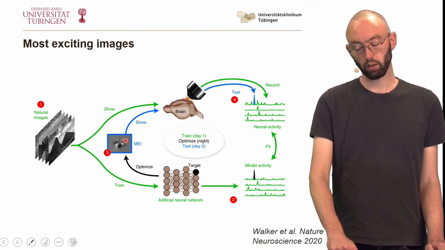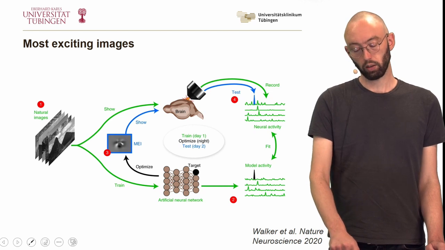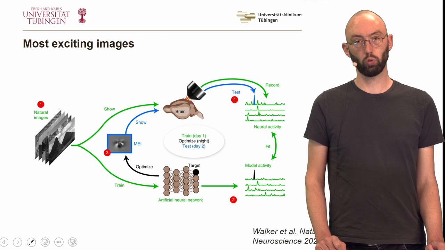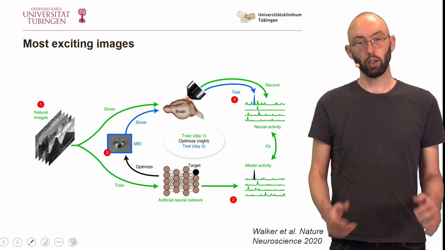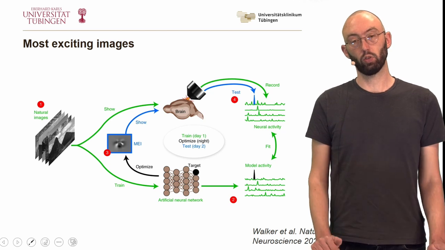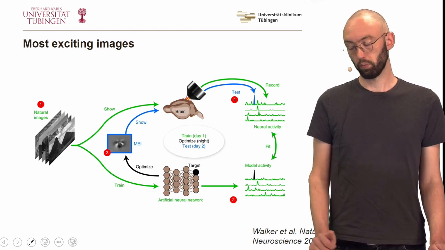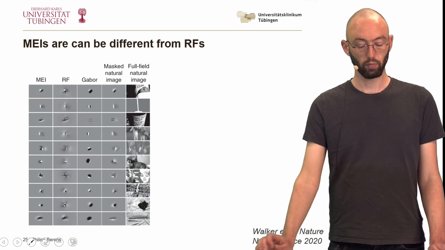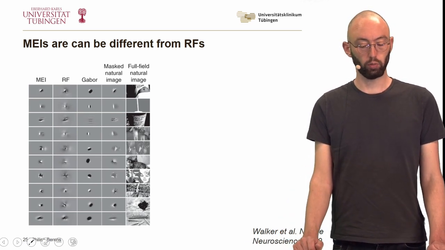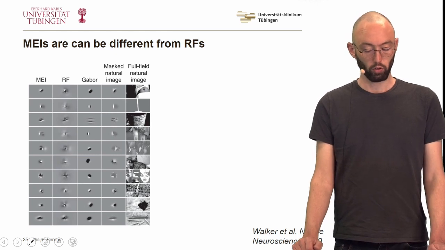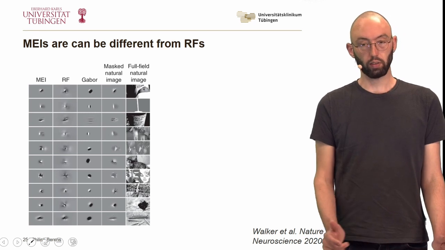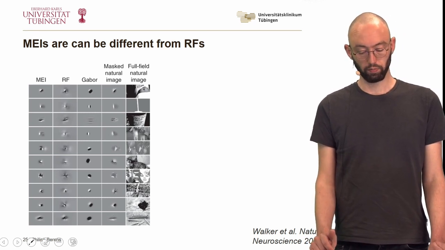And then on the next day, the authors of that study went back and showed that particular most exciting image to the neuron to check whether the prediction is really true, that this MEI excites the neurons more strongly than other images. These MEIs are in fact different from simple receptive fields. In some cases, they are reasonably similar, but in other cases, they can also be quite different.